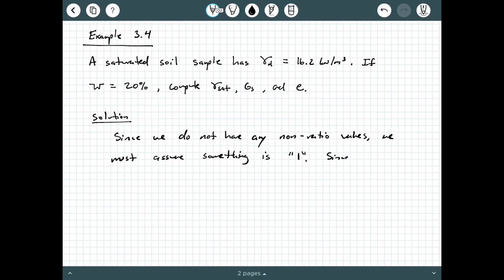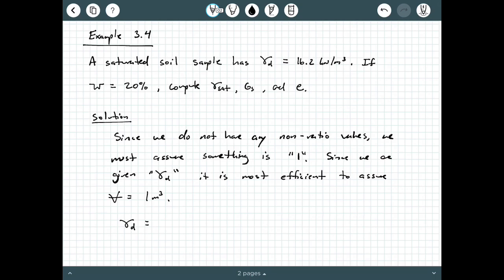So I'm going to say, since we are given gamma dry, it is most efficient to assume total volume equals 1 cubic meter. Total volume, okay? Now, here's why.